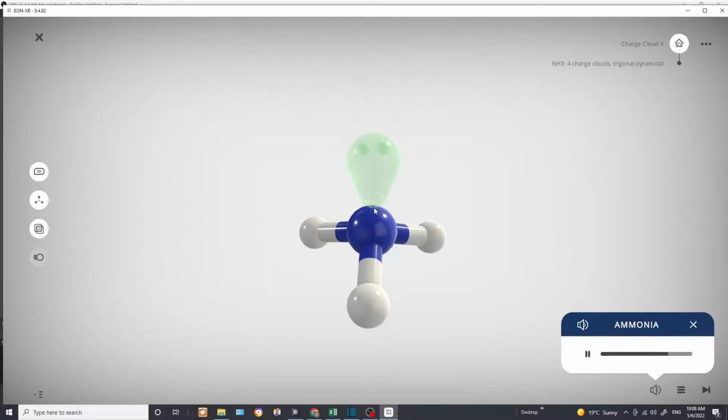But now we do have this lone pair, so even though you can't see the lone pair, it does impact your geometry. So the electronic geometry is tetrahedral, but we cannot see the lone pair, but it has an influence on the shape of your molecule, and therefore the resulting molecular geometry is trigonal pyramidal.